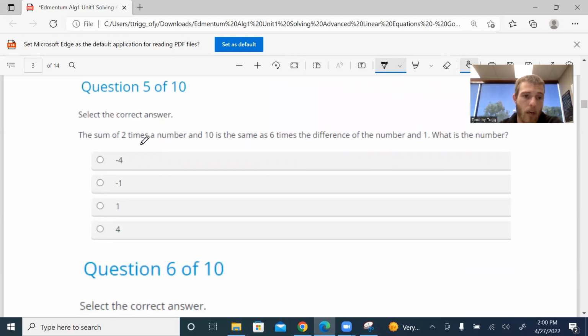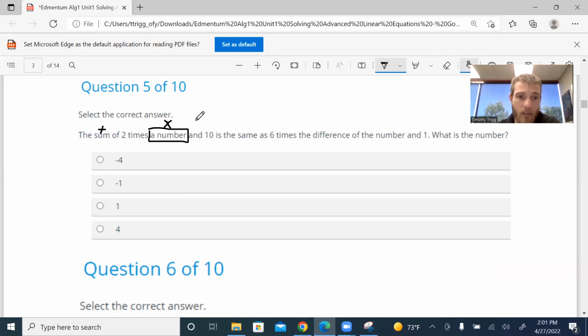Question 5. The sum, that means we're adding together some things. The sum of 2 times a number. When it doesn't tell you the number, that means that's where your variable goes. So we're going to call this x, where it says a number or the number or something like that. That's usually your variable.